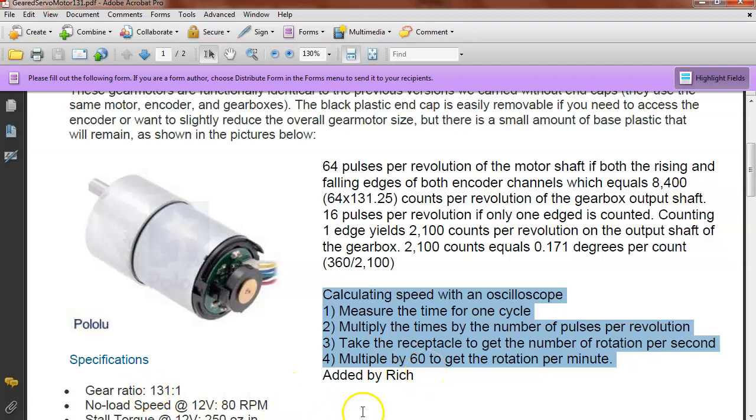We were close. It's just that what we did, we didn't convert it to seconds before we multiplied it by 60.